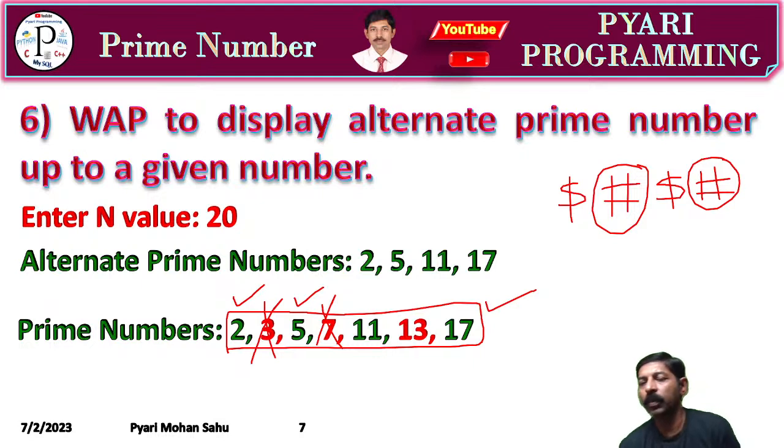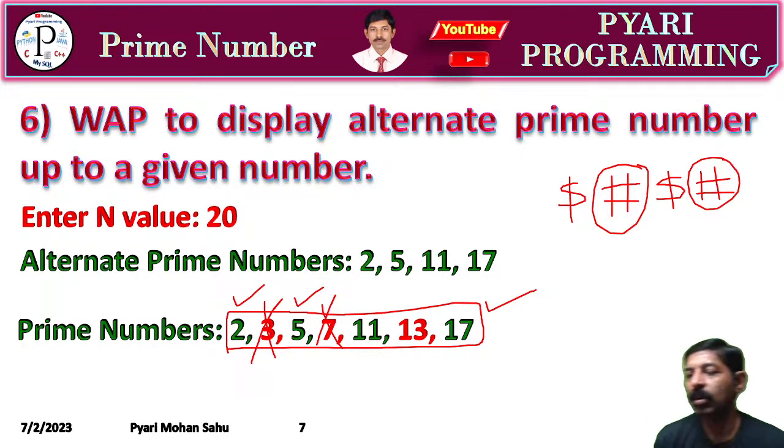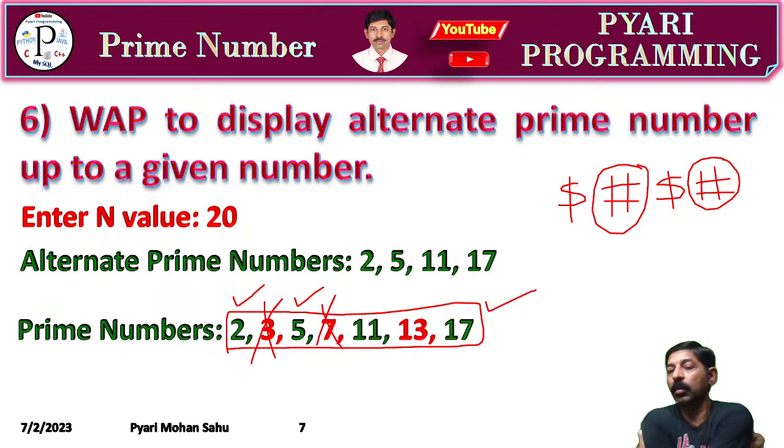No, Visu, I think you have taken it wrongly. 2 is an even number and 2 is a prime number. We cannot take it like this. Not according to the output. I am not considering even number for 2. 2 is a prime number. I am not considering it. I am considering for alternate. If the first one is odd, the third one must be odd.